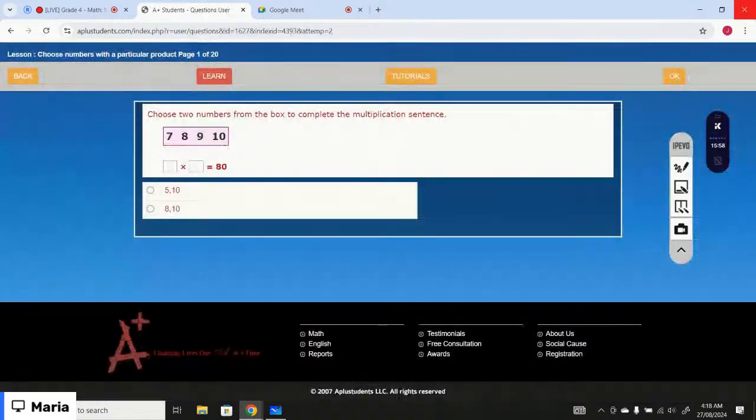Choose two numbers from the box to complete the multiplication sentence. Which two numbers have the product 80? So which is the correct option?